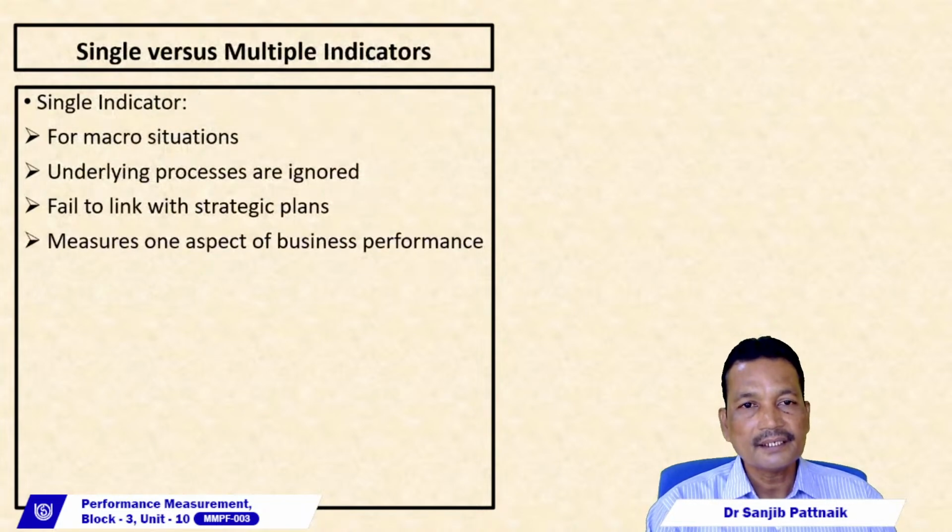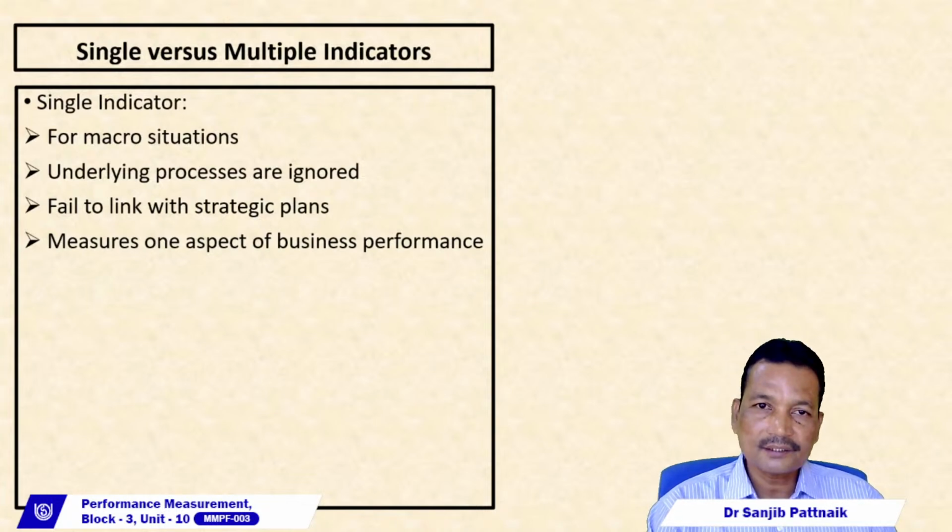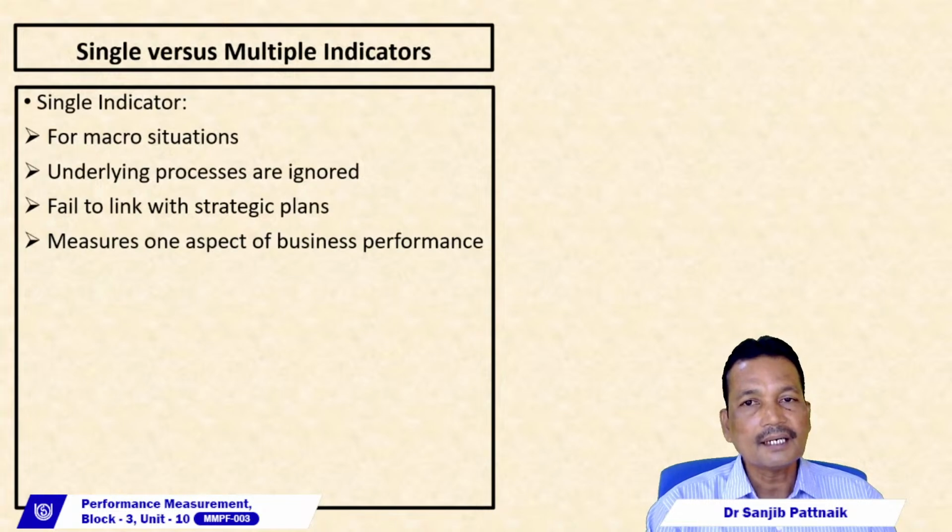Now, in the real world, we can have either single indicators or multiple indicators. Let us look at an organization having several divisions. If we look at the organization as a whole, and the performance of the organization is suppose reflected by its net profit for a given period of time, then we say that it is a single indicator.